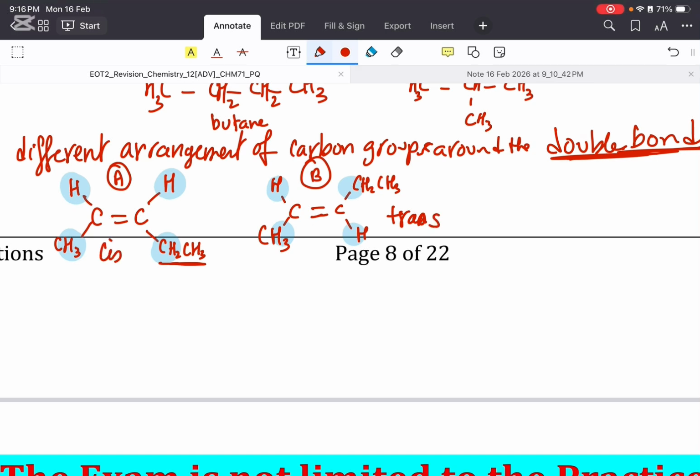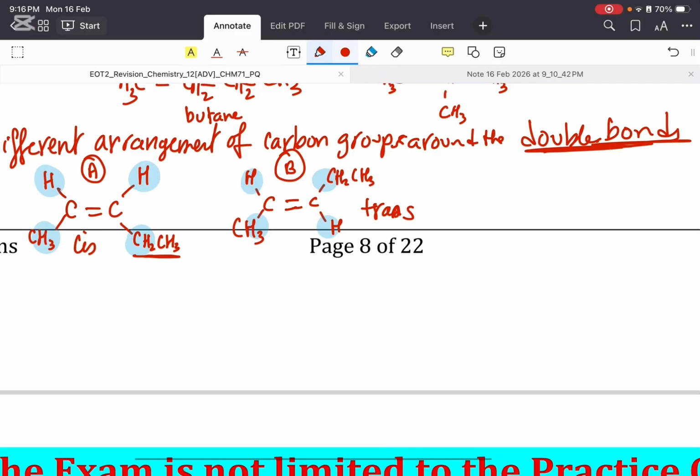So in order to have geometric isomers, you first need a double bond, and then you need to examine the groups around the double bond. If the groups are arranged in a different way, showing cis and trans, then these two compounds are geometric isomers. If not, then they are not geometric isomers.